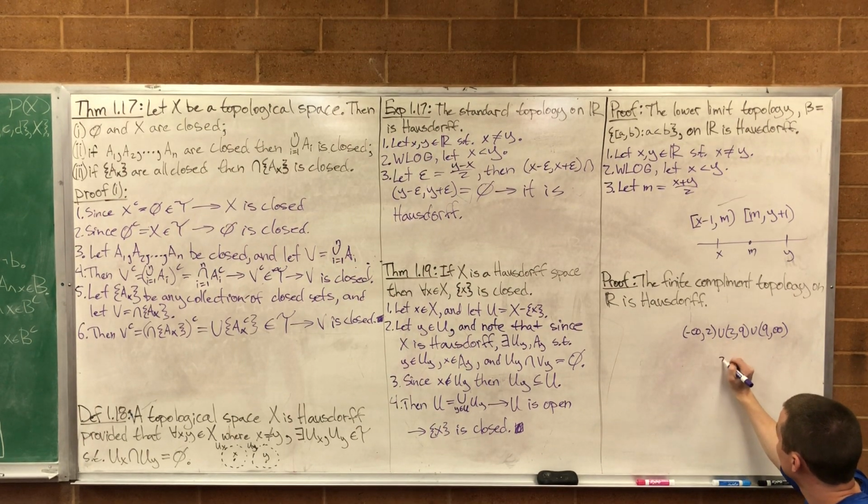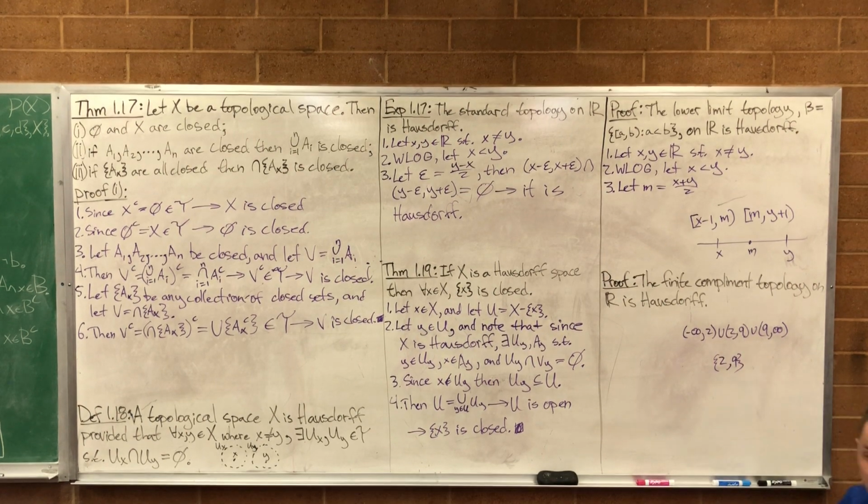It doesn't have 2 and it doesn't have 9. It's everything but 2 and 9. Is that finite? Yes. So this is open because its complement is finite. It has everything from negative infinity to 2, and everything from 2 to 9, and everything from 9 to infinity. The only thing it's missing is 2 and 9.